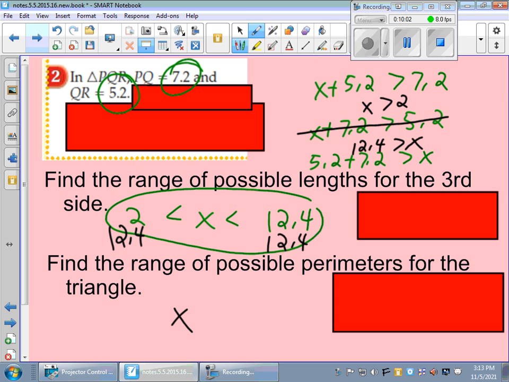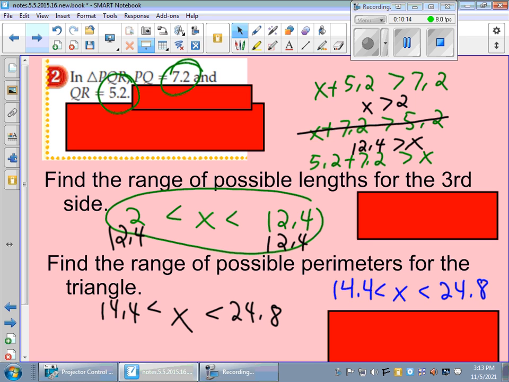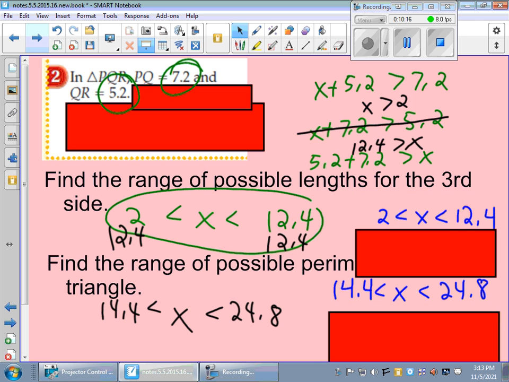So our range for the perimeter is X has to be less than 24.8 and greater than 14.4. So that shows you our range of values. And this was our answer that we have here. That's the range for the perimeter.